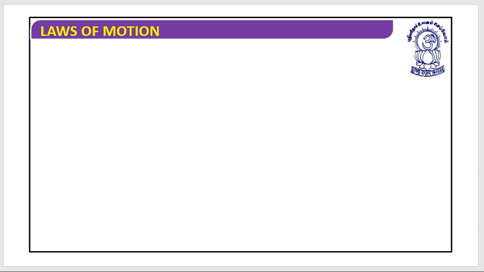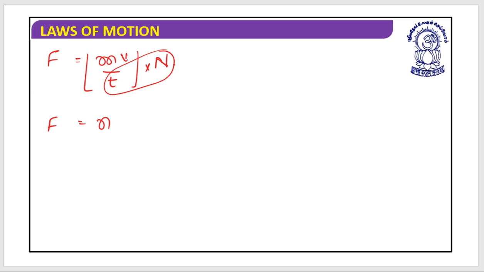Let's say we can write like this. F equals m into v by t. This is for a single bullet. He is firing n bullets per second, so we write n by t, and now n by t can be written as small n. So F could be written as n into m into v. This is the force acting on the shoulder of the soldier. That's it. You did it.